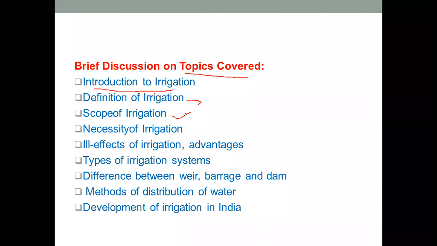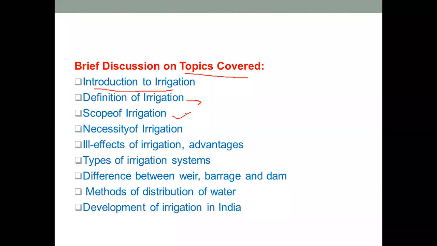Now under the engineering aspect, we as water resource engineers have to deal with it. First, we have to identify a source of water, whether it be a well or a river, or if there is no source, then we have to create a source, such as constructing hydraulic structures such as dams, weirs and barrages.